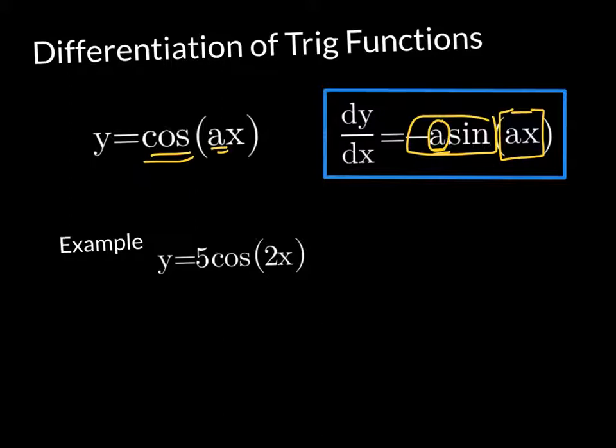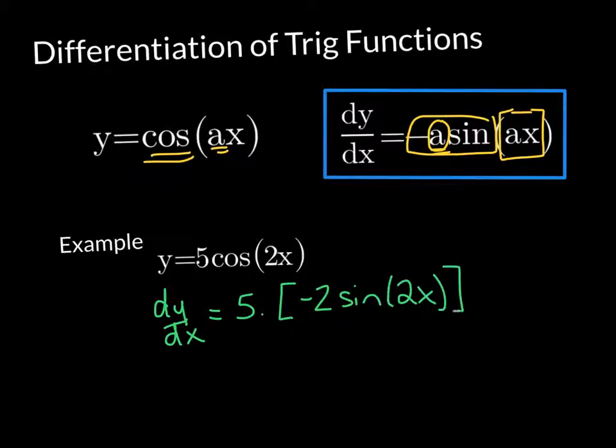So let's look at an example. We have y is equal to 5 cos 2x. So dy by dx will be equal to 5 multiplied by minus 2 sine 2x.